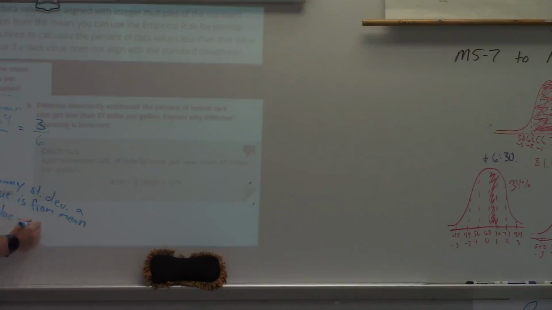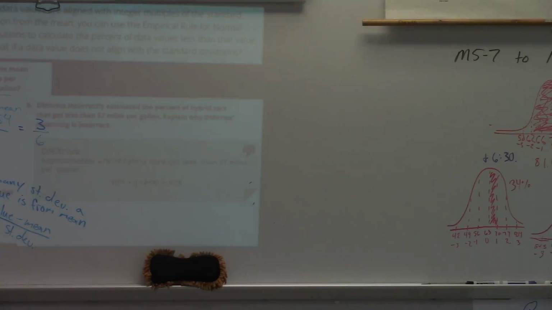Minus the mean. That tells me just how far away it is, right? If I take a value and I subtract the mean, that's how far it is. And then what do I do to that value minus the mean? Divided by the standard deviation. That's how many standard deviations a value is from the mean. And so that's why it's half the standard deviation. Noticing it's halfway in between is great for this problem, but if I deal with something else, I need to know how to do this, right?